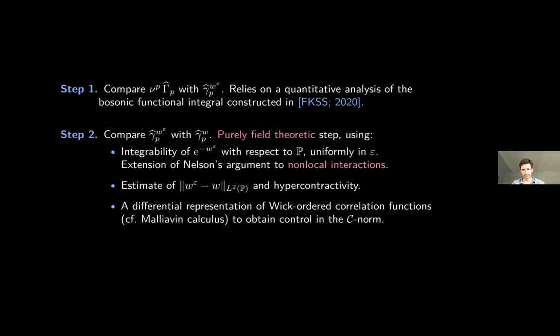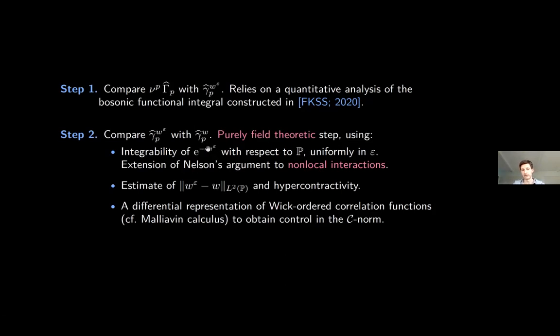One can do it basically using three main ingredients, about which I will not give too many details. The first one is that you again have to prove the integrability of this interacting factor with respect to the free field probability, and this has to be uniform in epsilon.